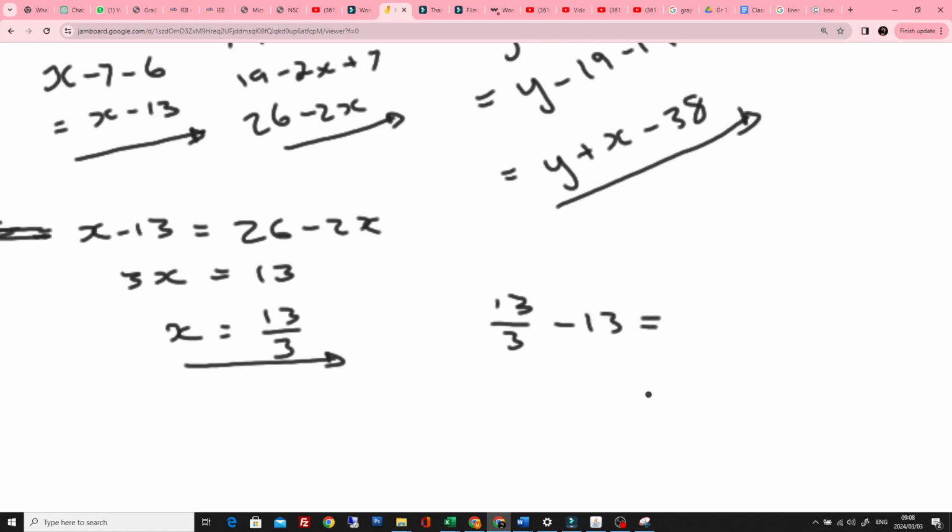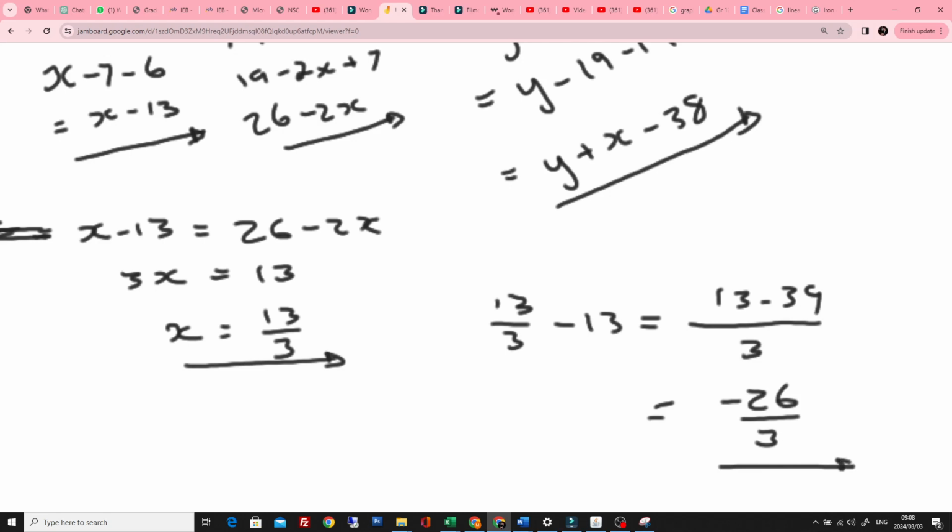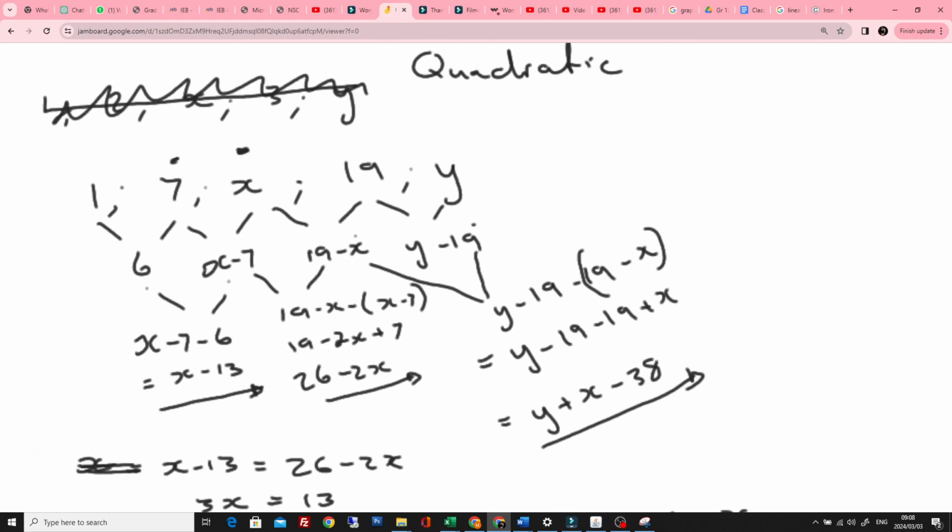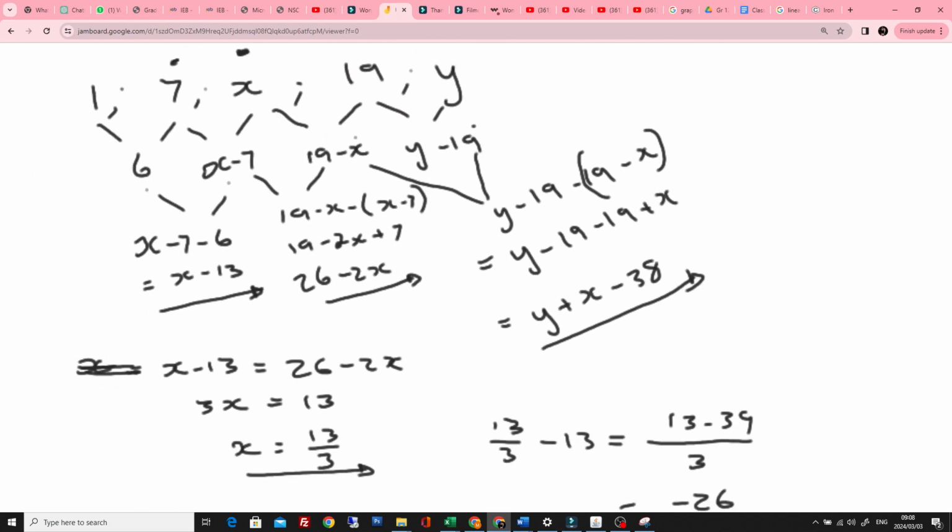So let me just put them all over 3 rather, and say this is then equal to 13 minus 39 over 3, negative 26 over 3. So you can leave this as it is. Okay, negative 26 over 3 would be our constant difference, or our constant second difference.